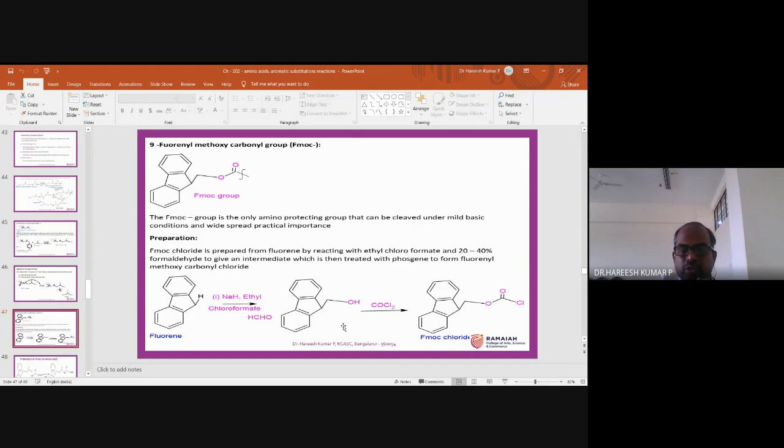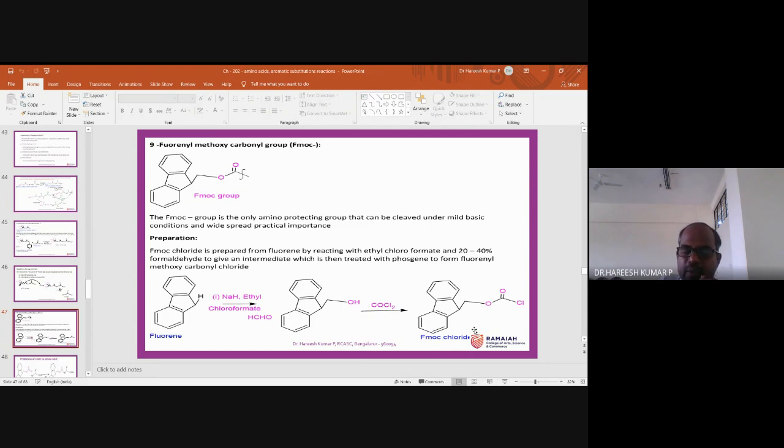Once the CH2OH is obtained, this was treated with phosgene, COCl2. The lone pair present on this oxygen attacks this carbonyl group, H and Cl will go out, forming Fmoc chloride. So this is how Fmoc chloride is obtained.